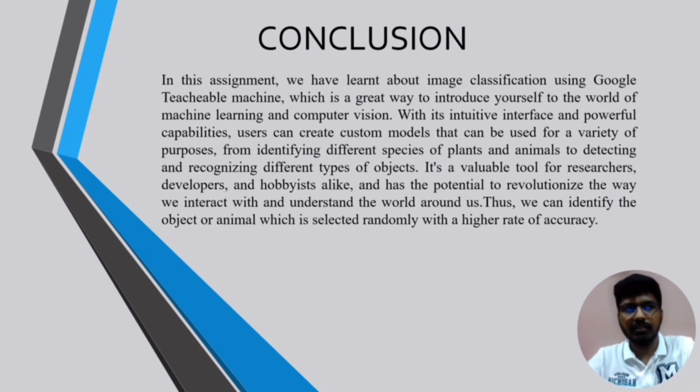Firstly, we used Kaggle to obtain different types of data sets, and then we classified the data sets into four, and the four sets of images were processed using particular parameters, followed by image identification with the selection of a random image of the classified images. Thus, we can identify the object or animal which is selected randomly with a higher rate of accuracy.